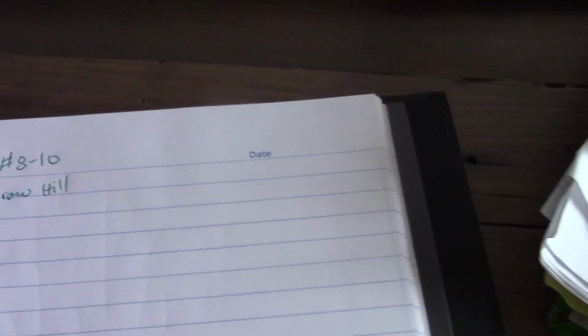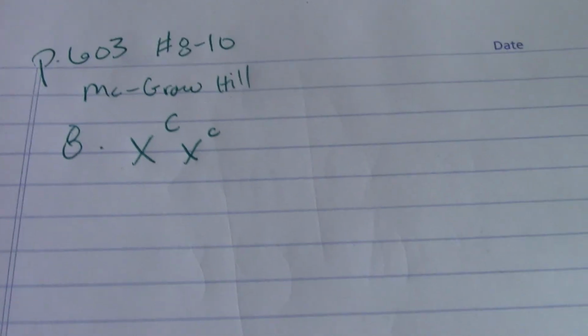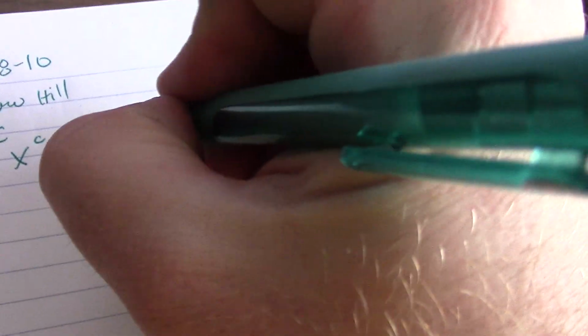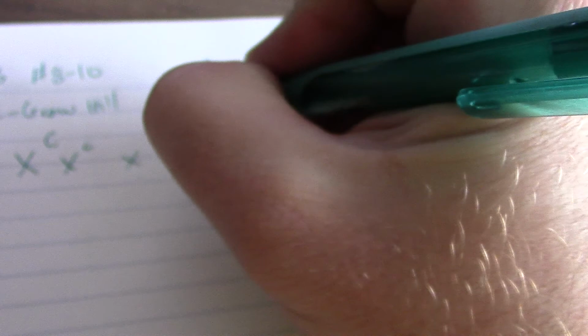McGraw-Hill. Okay, so question number 8 says, a woman who has normal vision in the heterozygous genotype X big C, X little c, marries a man who is colorblind. So with X-linked traits, X big C is normal, and X little c is colorblind.